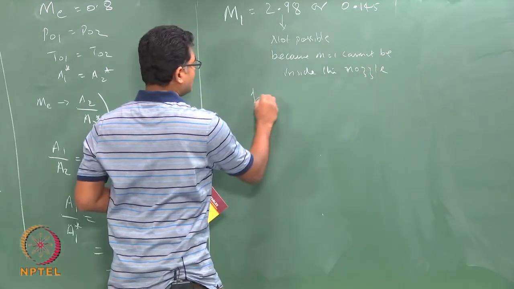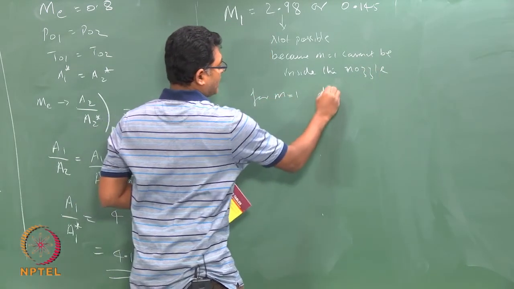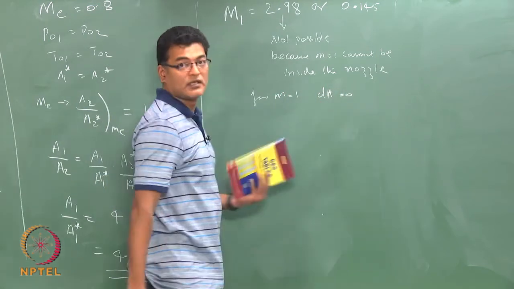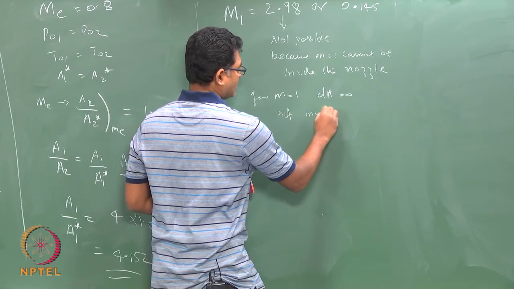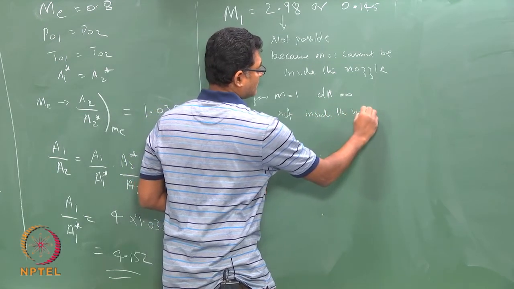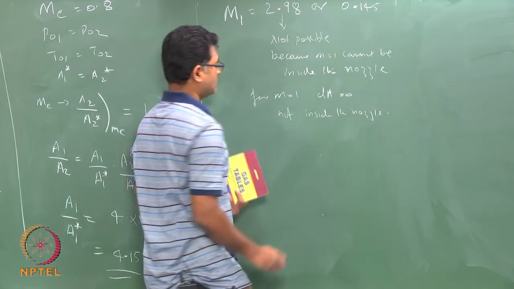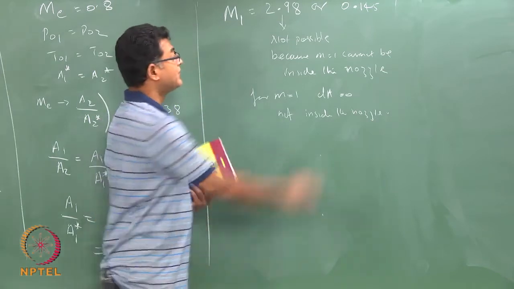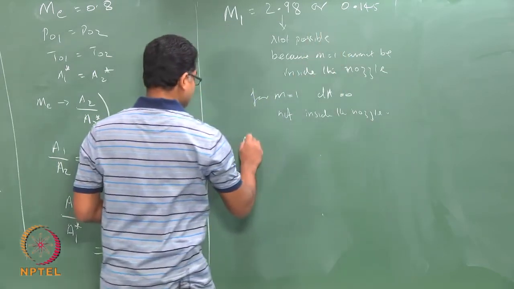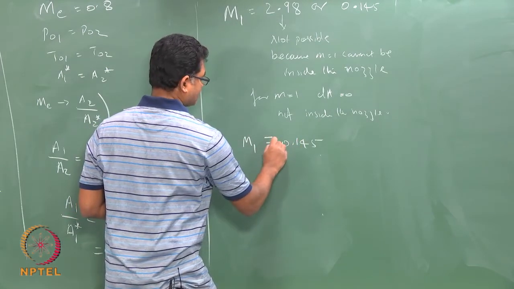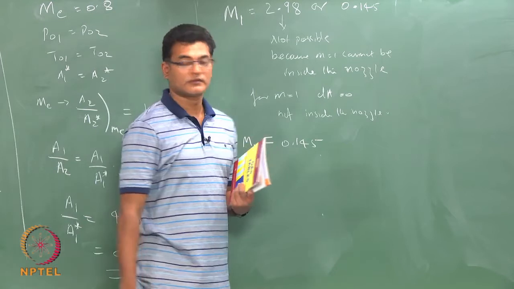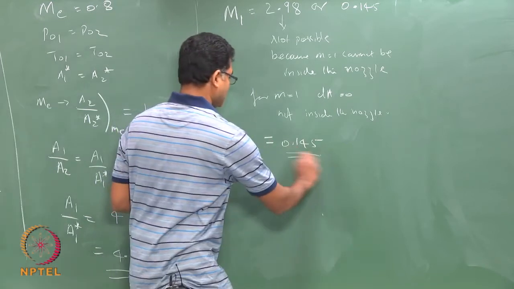For m equals 1, your dA has to be 0, which is not inside the nozzle. Okay. So, we will stick with the subsonic solution, which is m equals 0.145. So, that is our m.